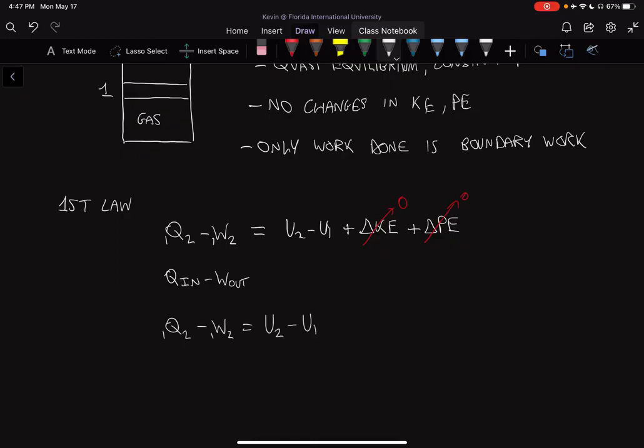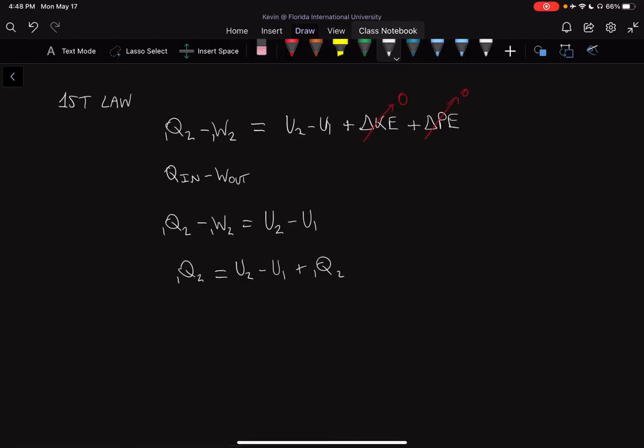We can go even further and say that Q from 1 to 2 is now equal to U2 minus U1 plus work from 1 to 2.